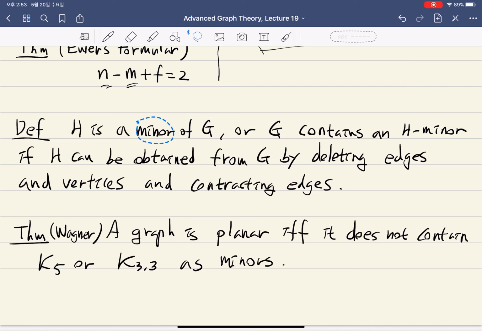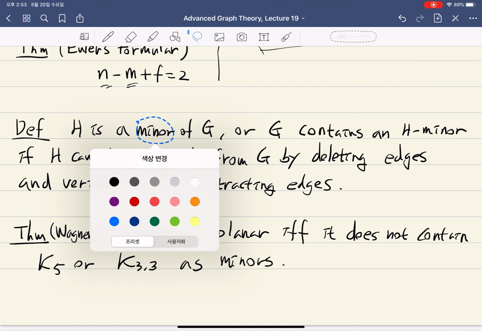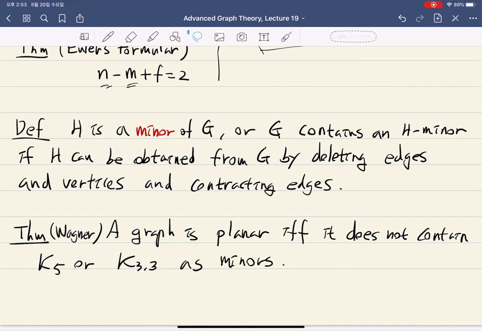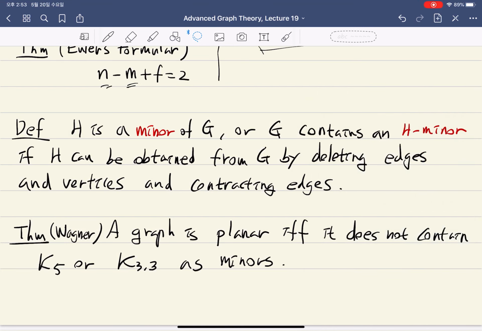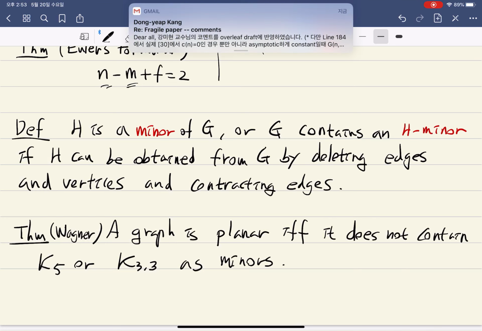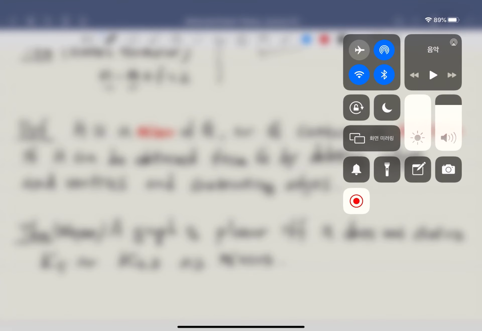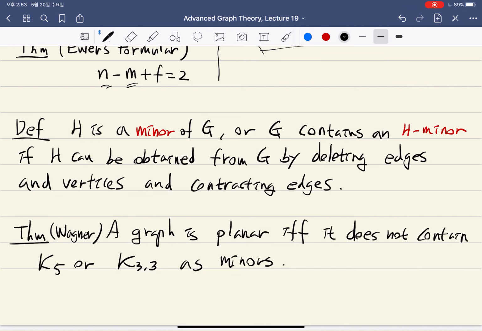And we also defined the minor, which is a more general concept than subgraph. We say that H is a minor of G, or that G contains an H minor, if we can obtain H from G by deleting edges or deleting vertices and contracting edges.